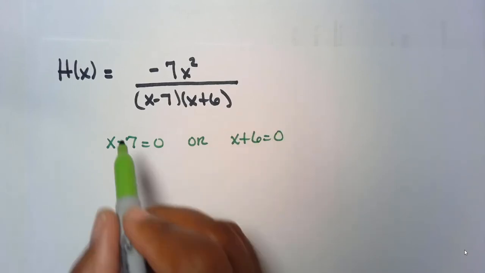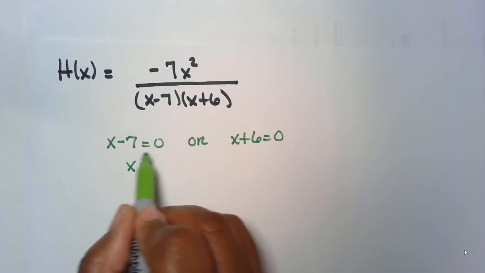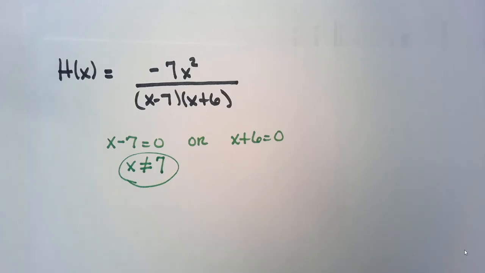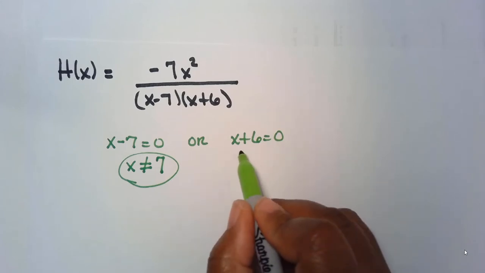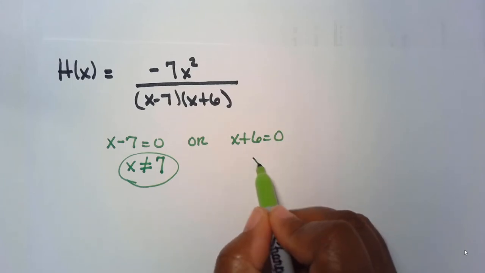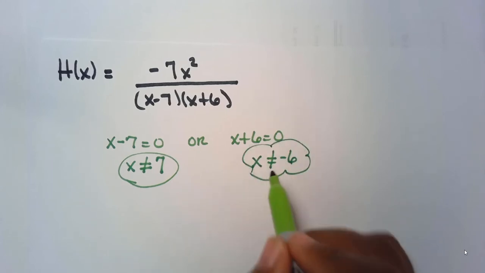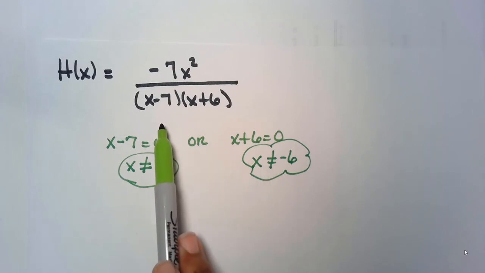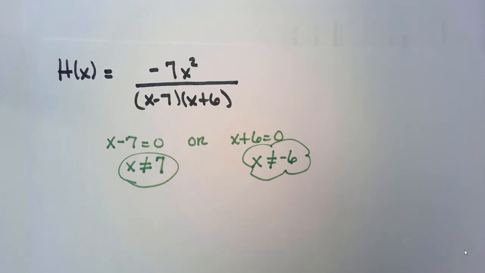And we solve. So x minus 7 equals 0. When we add 7 to both sides, 7 cannot be in the denominator. The next one, x plus 6 equals 0, we would subtract 6 from both sides. x cannot equal negative 6. So these are the numbers that cannot be placed in the denominator. It would make this expression undefined.